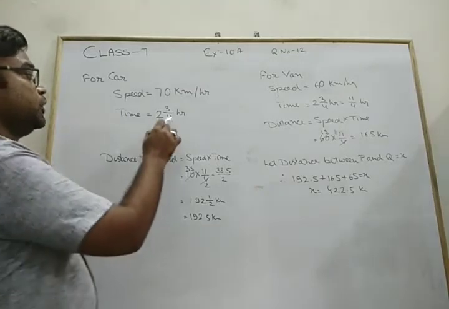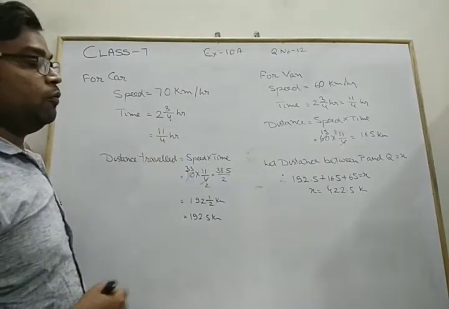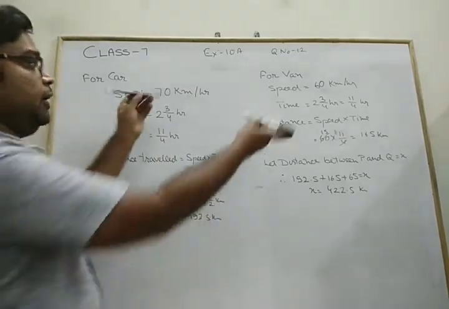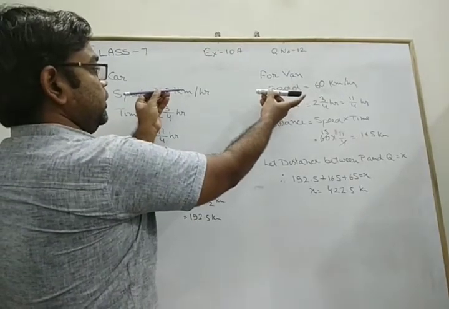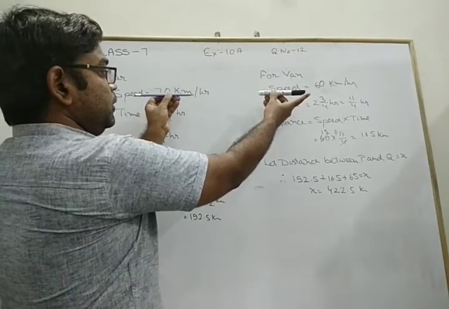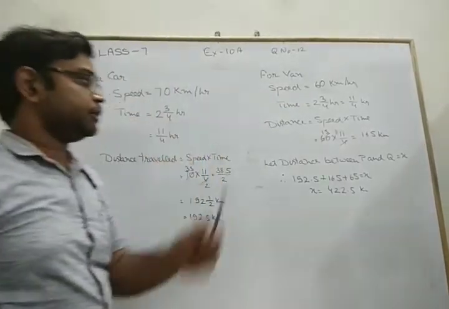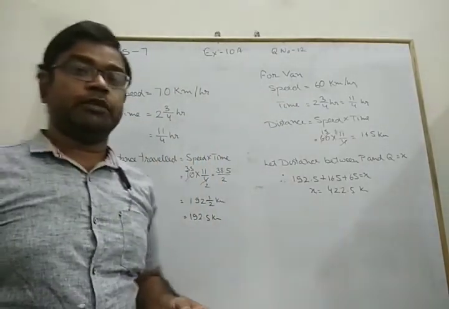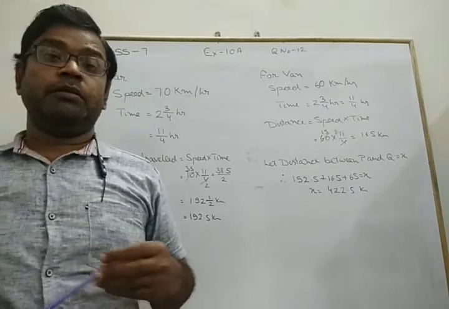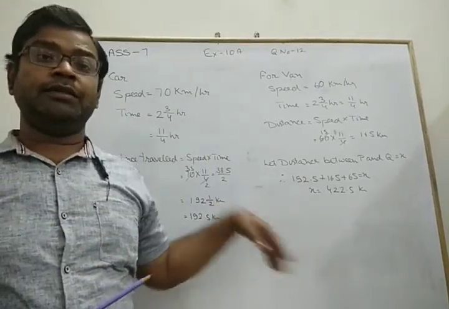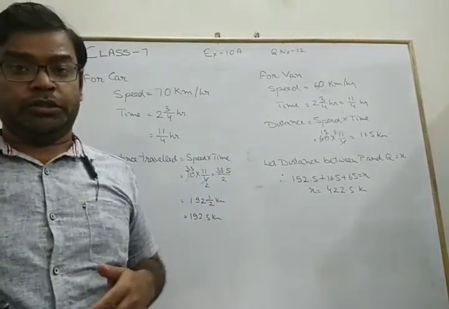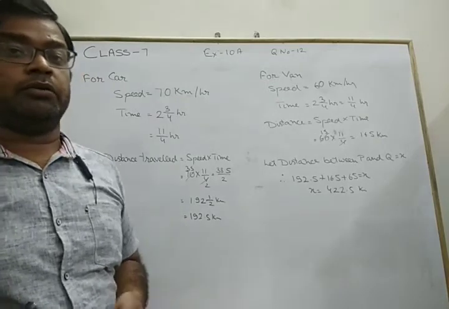After 2 whole 3/4 hours, what we observe is that they have not met, neither crossed nor met. They are 65 km apart in their journey. Now, the question says first find the distance between the towns, and then the time when they cross each other.